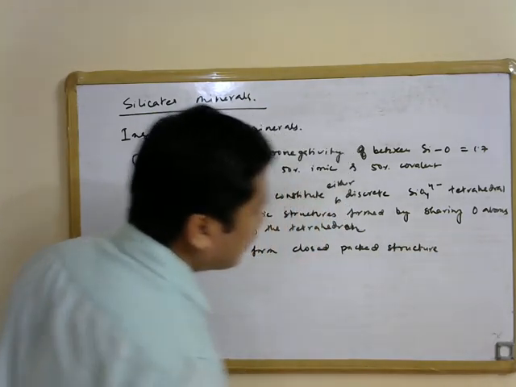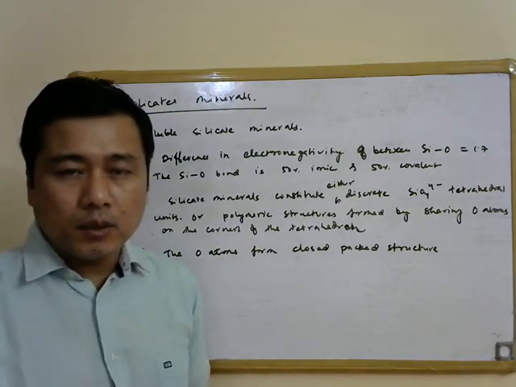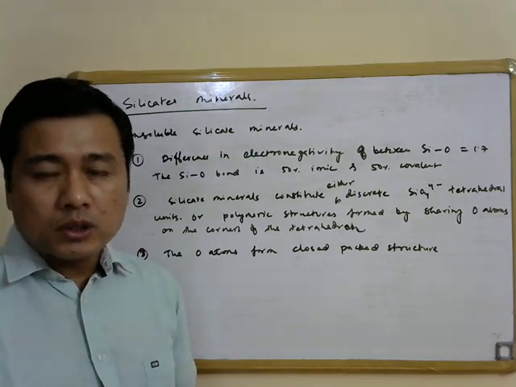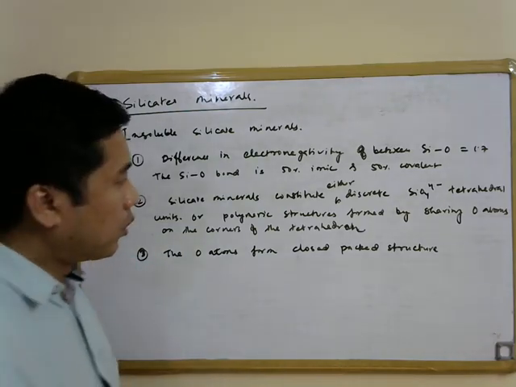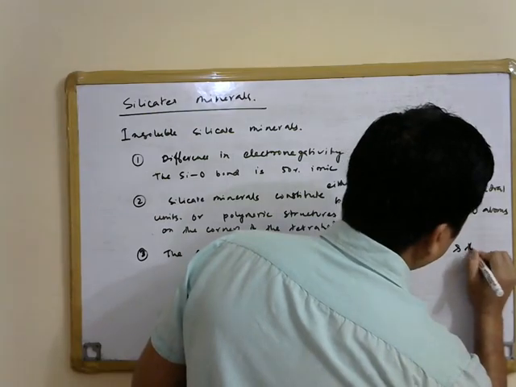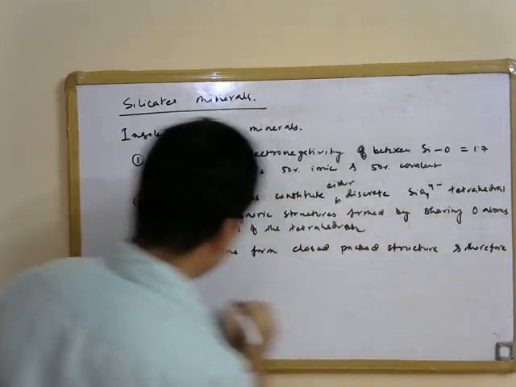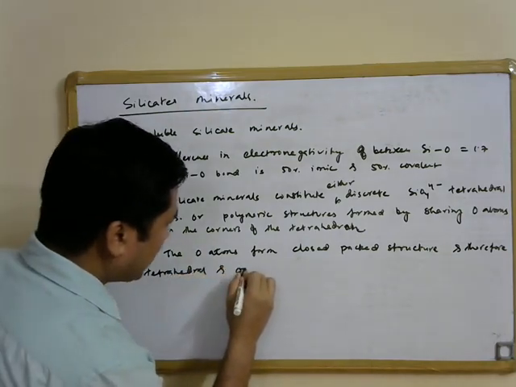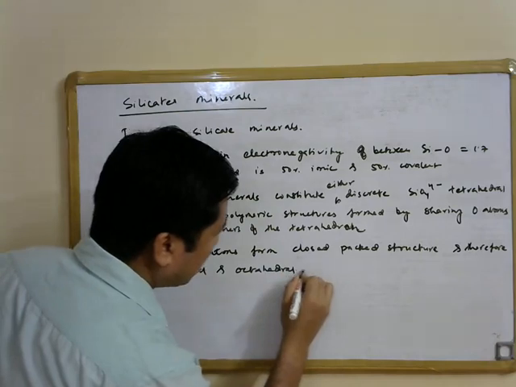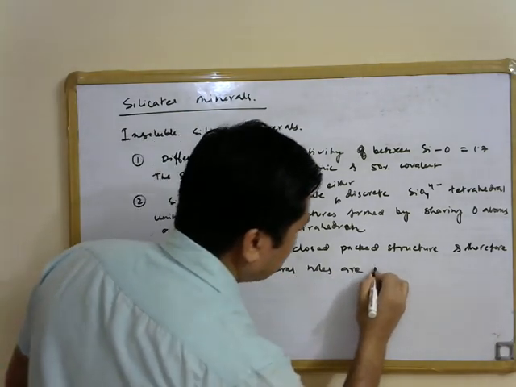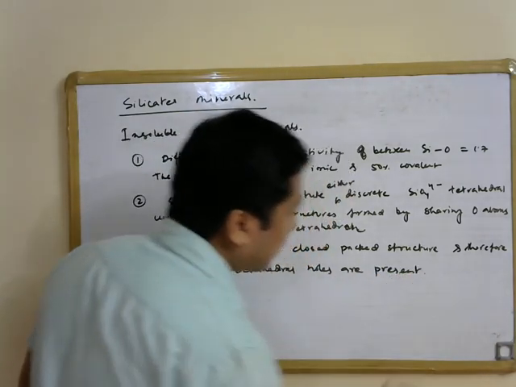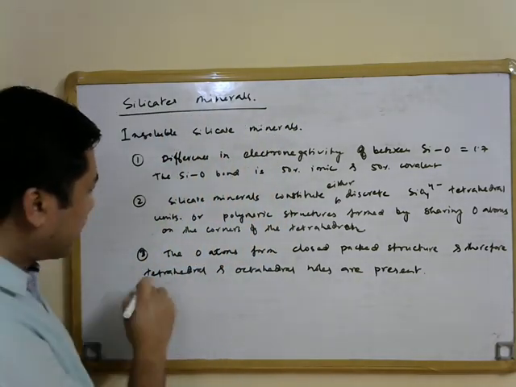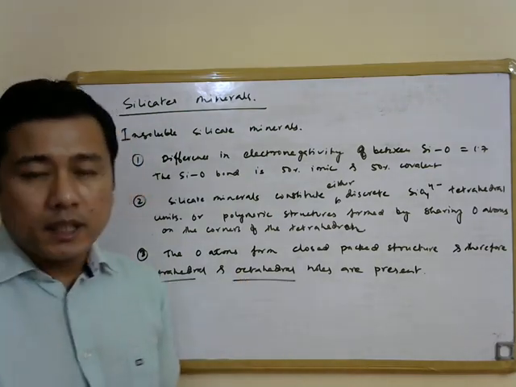So when they form this closed packed structure, essentially this means that in the structure, tetrahedral and octahedral holes are present. Now, different metal ions, depending upon their size, may either occupy these tetrahedral or octahedral holes.